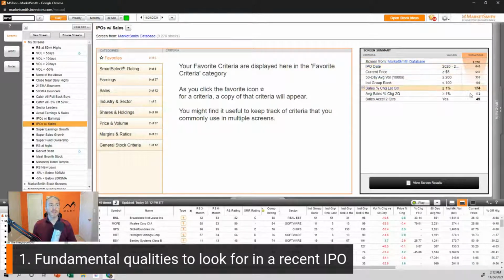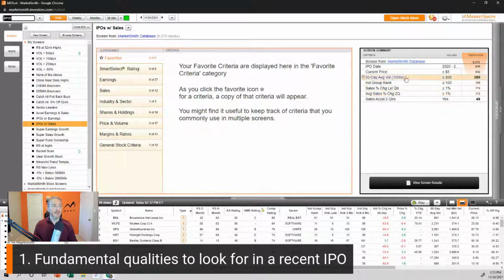We are narrowing it down to ones that have IPO'd within the past 2 years. That takes the list down to 640. Current price, $5 or better. Current average daily volume, 200,000 shares per day. Great. Group rank at least 100.